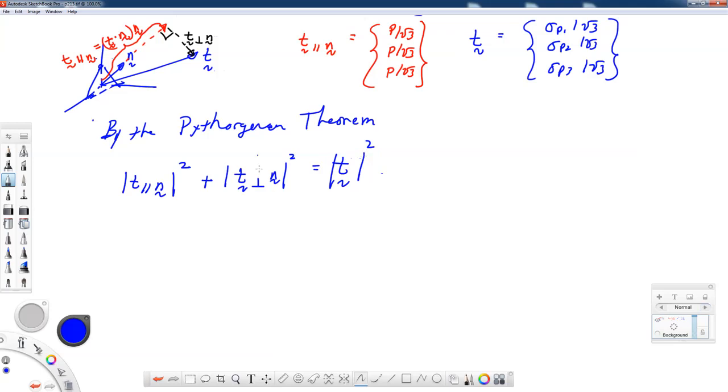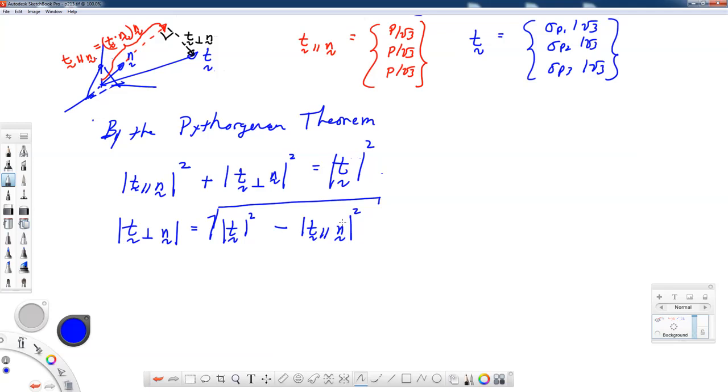What I really want is the magnitude of T perpendicular to N. So T perpendicular to N in magnitude is going to be equal to the square root of the magnitude of T squared minus the magnitude of T parallel to N squared.